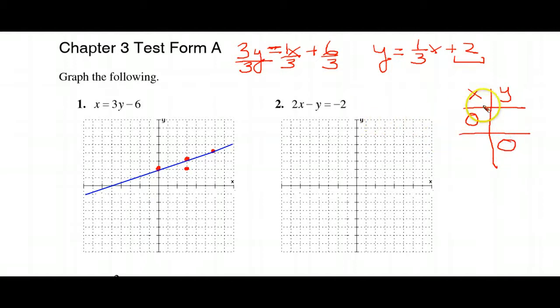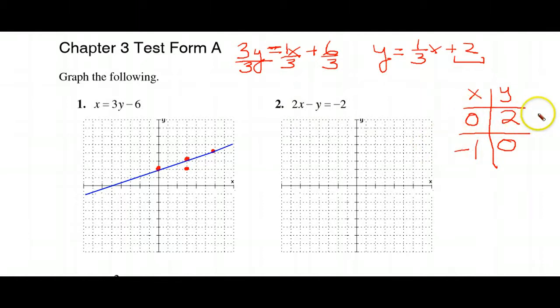And then we're going to solve it for these letters. If this x is 0, this becomes a 0, and we're going to divide both sides by a -1, and we get y is 2. And if y is 0, we're going to divide both sides by a 2. This is 0. This becomes a -1.